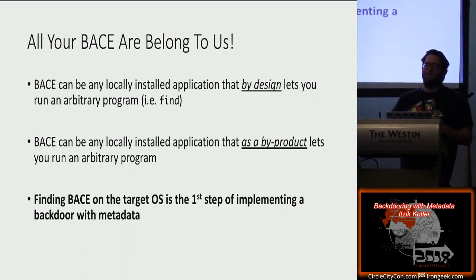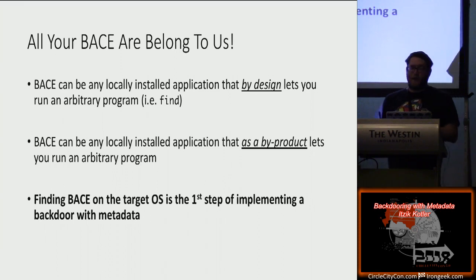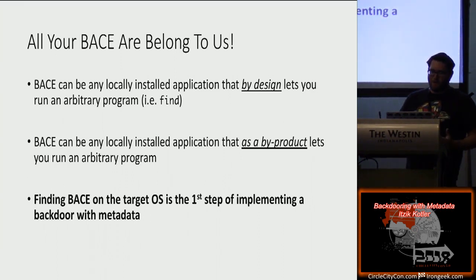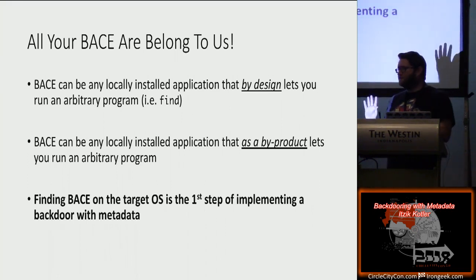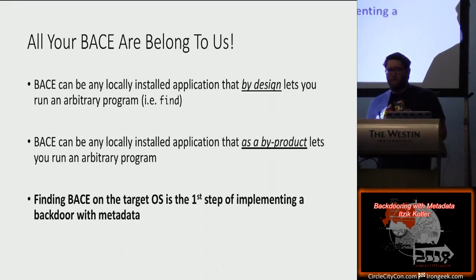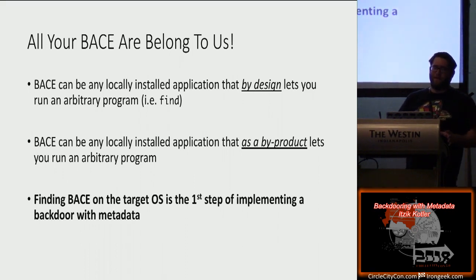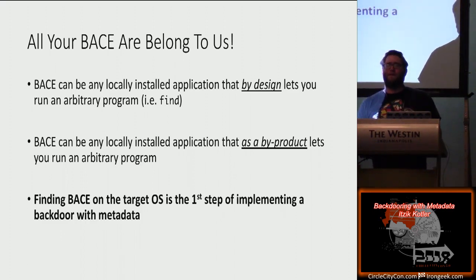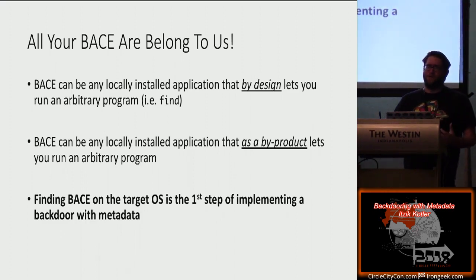It was not something that the original author of the program was designing for, but a way that I managed to exploit the circumstance into running code. Regardless of the source of why it's happening, understanding and finding a BACE file on a target operating system is the first step to implementing a backdoor with the metadata. This will be a launcher. This will be our springboard to basically execute what we would like once we would like to activate the backdoor part.